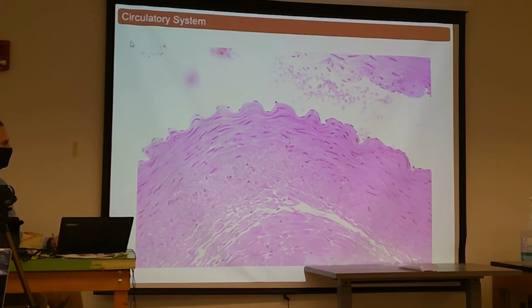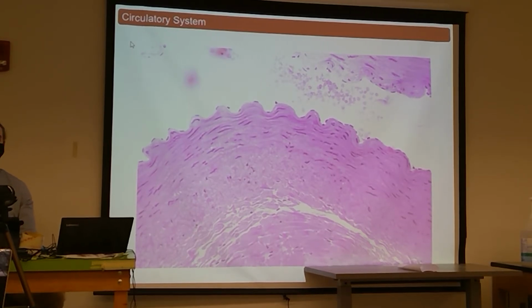With these arteries, depending on where we're at, they can have an abundance of smooth muscle layers, or they can have little. Directly when we leave the heart, we can have arteries with up to 50 layers of smooth muscle, very thick. And when we get down to the capillaries, we'll talk about ones that have between 1 and 2 layers of smooth muscle, so it's a lot thinner.